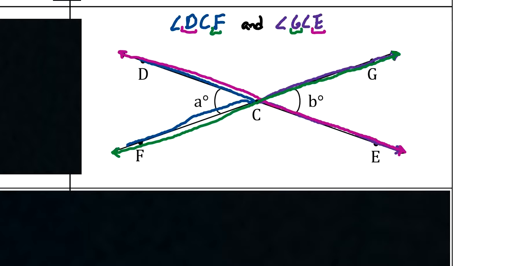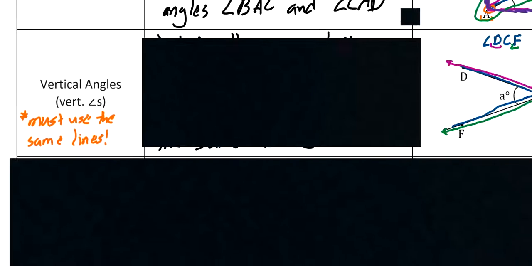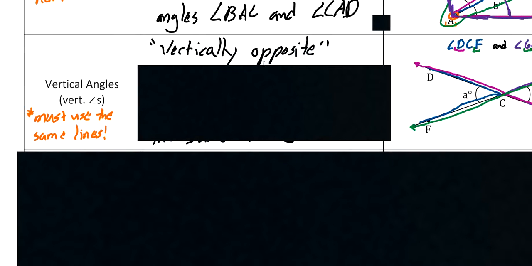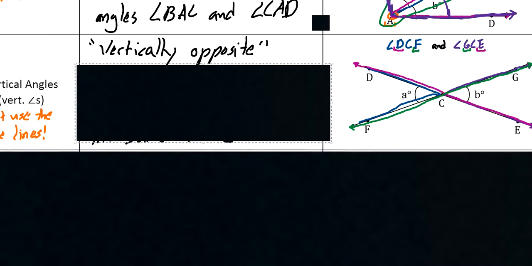Now, what's so special about vertical angles? Let's take a look. Vertical angles, another way to think of them is they're vertically opposite. So if you're looking at the angle measure, A degrees and B degrees, we should write that down real quick.